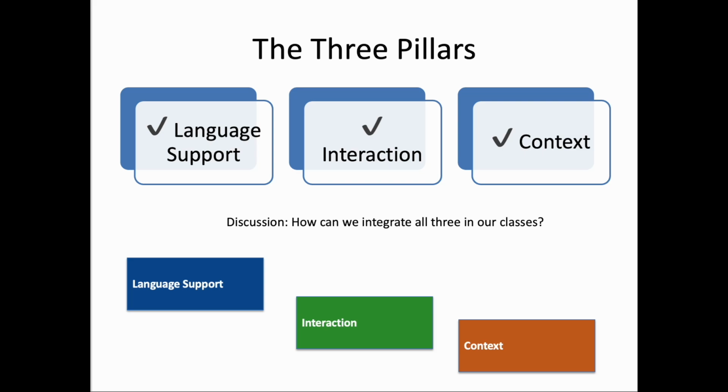So, the three pillars in this sort of education is obviously language support, lots of interaction, and how much context we give our learners. And a point for discussion is always how can we integrate all three of these concepts in our classes, not just for English, but also when we're teaching other stuff.